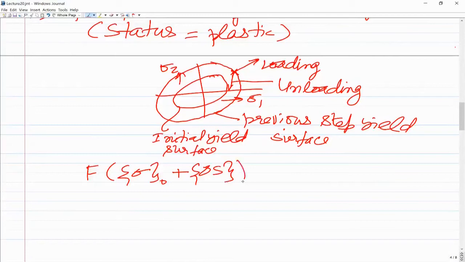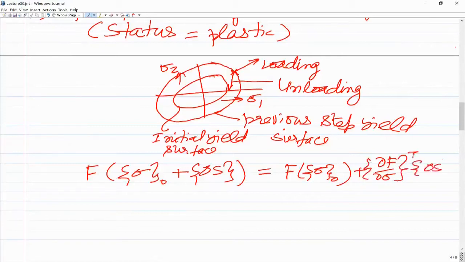So when we calculate this, if we use the Taylor series and take the first two terms, we can write this as f of sigma naught plus del f by del sigma transpose into delta s. Now suppose this difference is greater than 0. That means del f by del sigma transpose into delta s would be greater than 0.